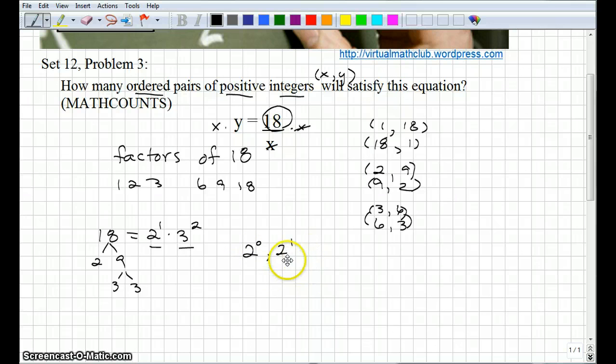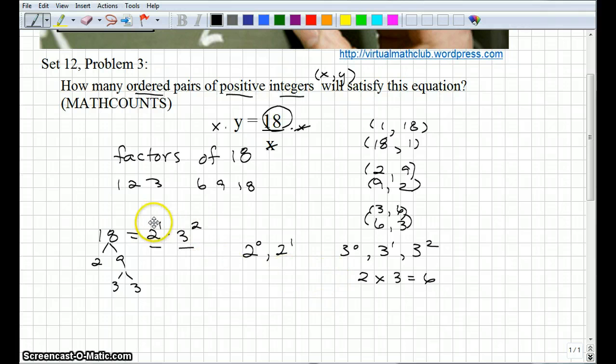And the power on 3 could be 3 to the 0, which is 1, 3 to the 1, which is 3, or 3 squared. So we have two choices for the power on 2 and 3 choices for the power on 3. So 2 times 3 is equal to 6.